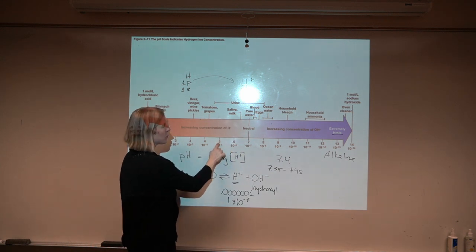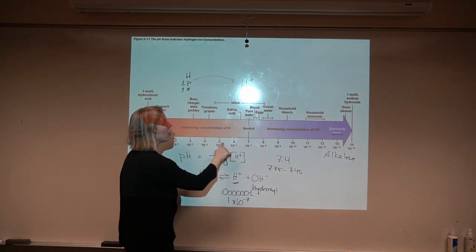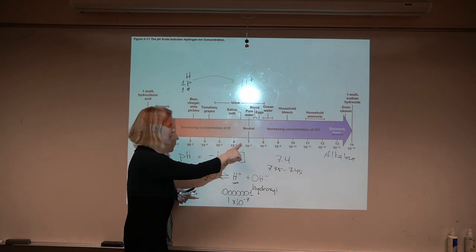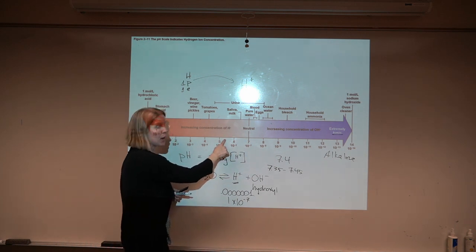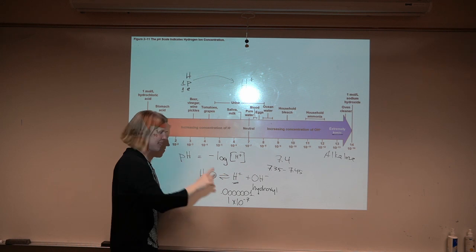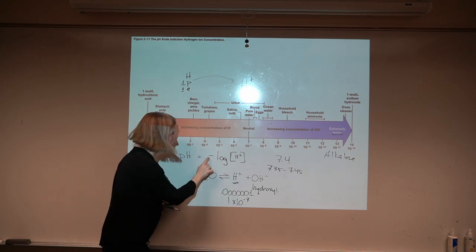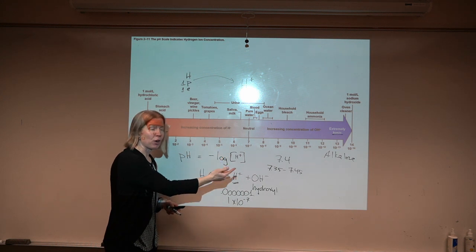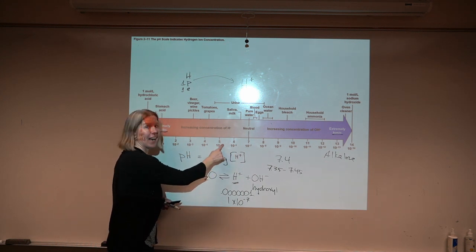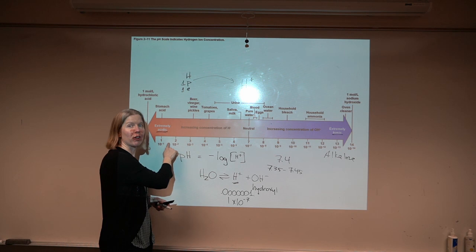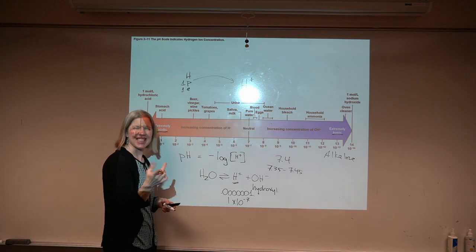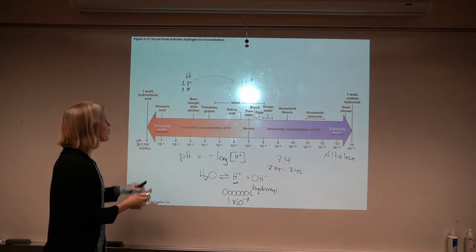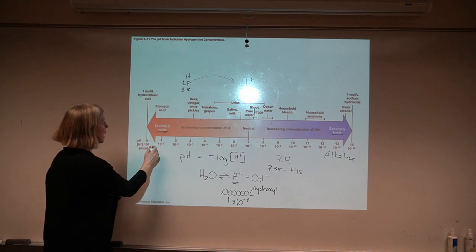But that also means that a pH of 5 is 100 times more acidic than a pH of 7, right? 10 times 10, okay? That's the log portion. Ooh, and the negative is that it's an inverse, right? So more hydrogen gets you lower numbers. Does that make sense? Right? So acidic has lots of hydrogen.